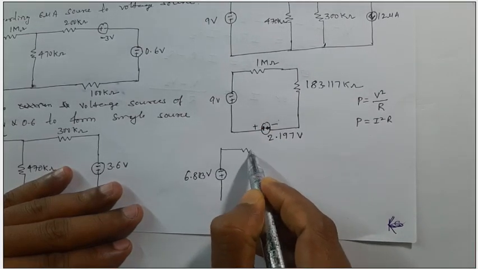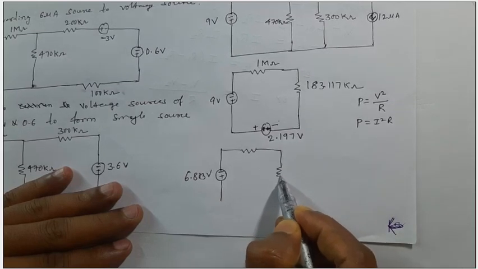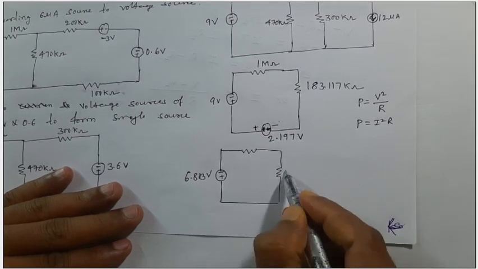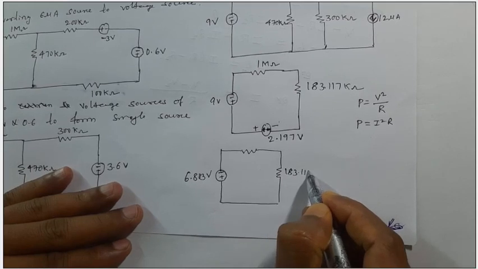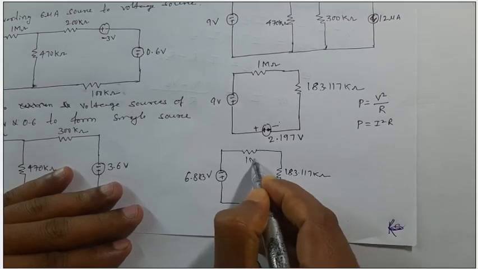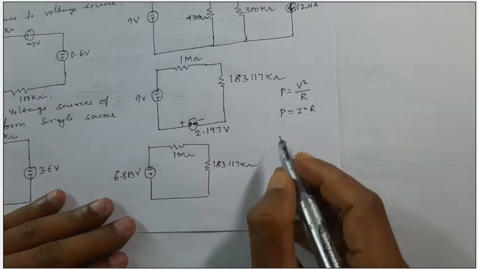And this one is 1 mega ohm and this is 183.117 kilo ohm. This is 1 mega ohm. Now we can find a voltage across.